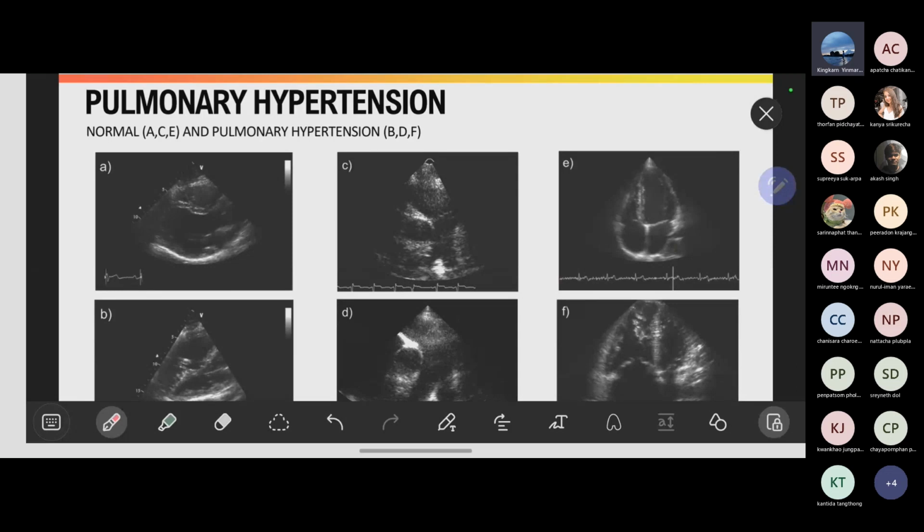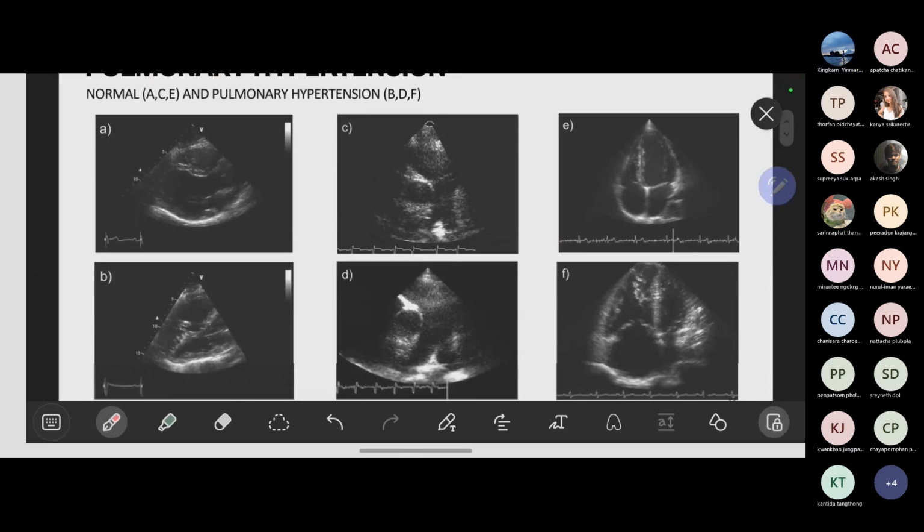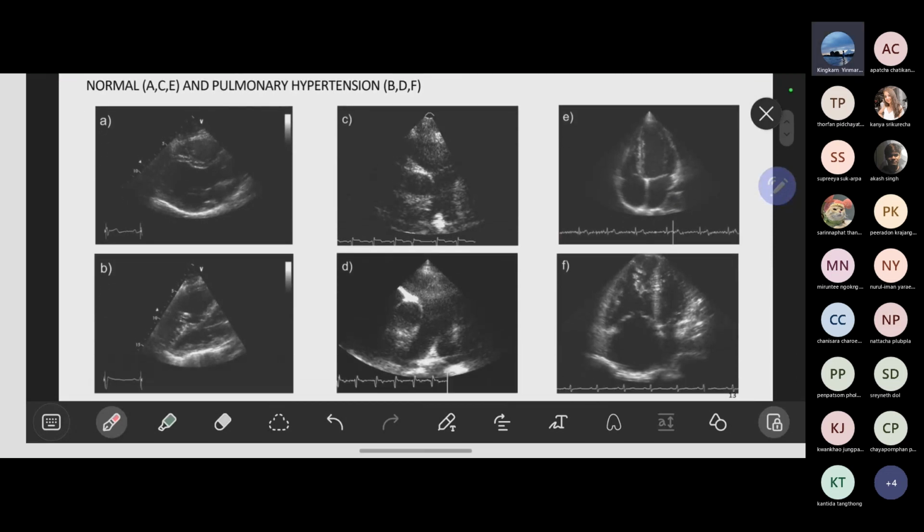This is an echocardiogram of a normal patient compared with a patient with pulmonary hypertension. A is the normal parasternal long axis, and B is the parasternal long axis in a patient with pulmonary hypertension.